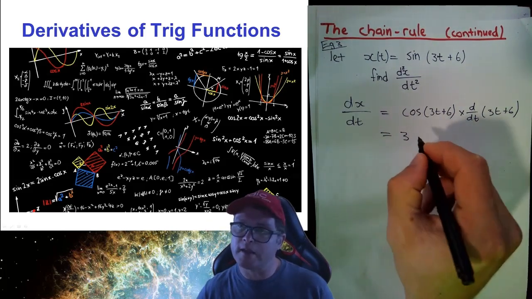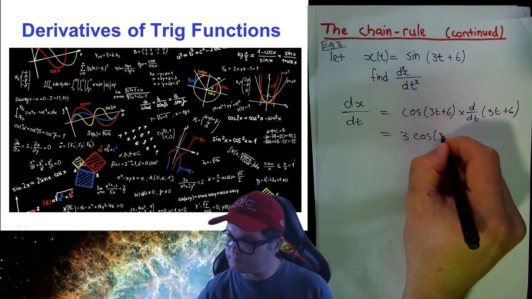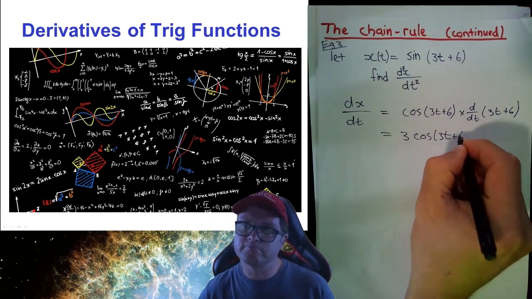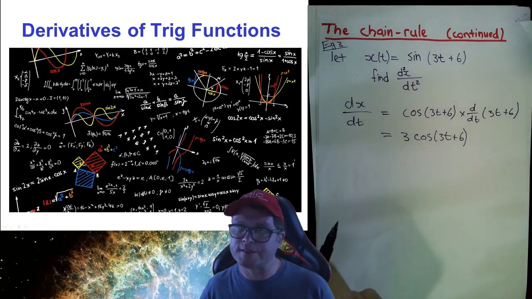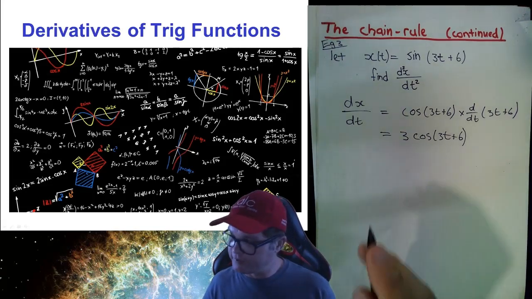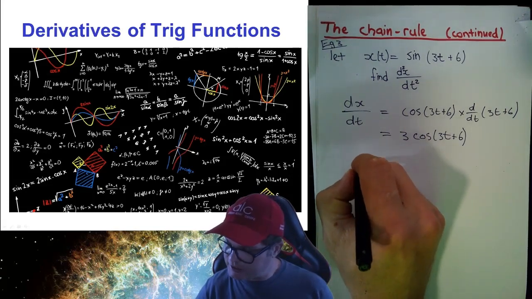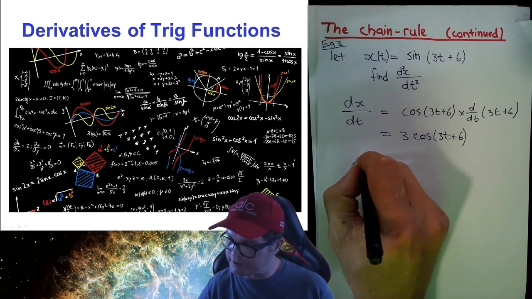So this will be 3 cos of 3t plus 6. So this is the first derivative with respect to t. But in fact, we're asked to calculate the second derivative. So we need to take this function and differentiate it again.